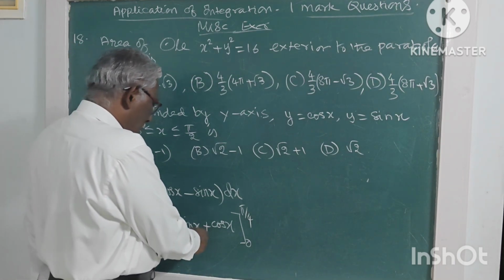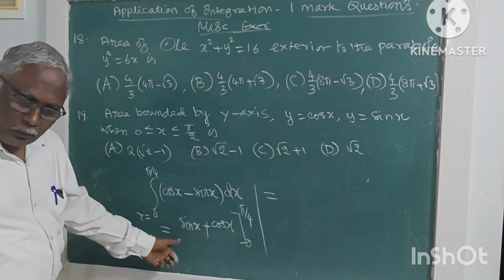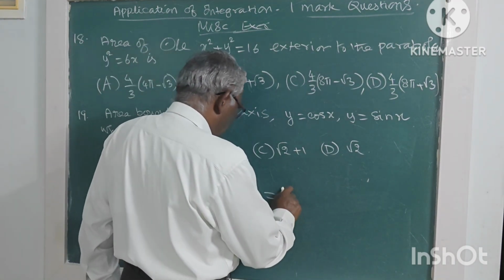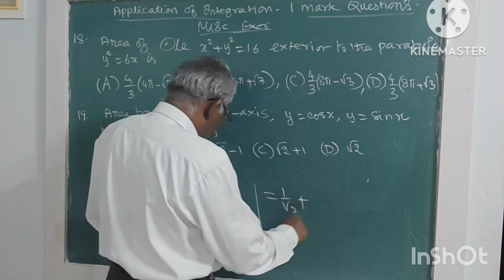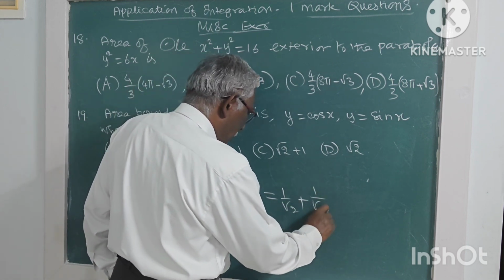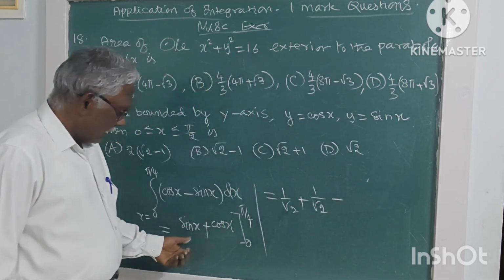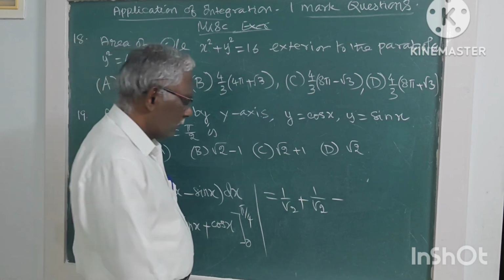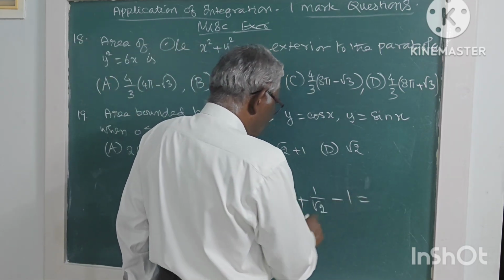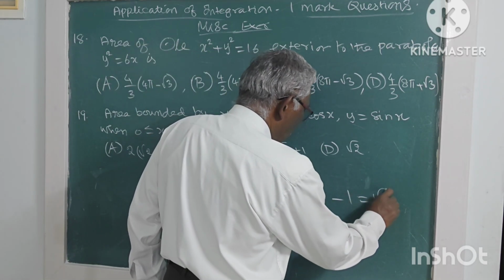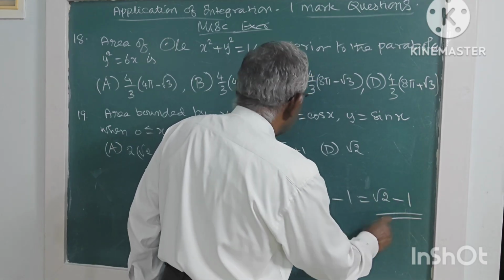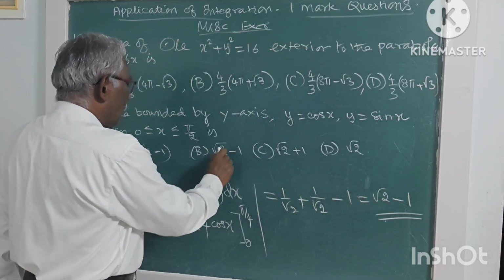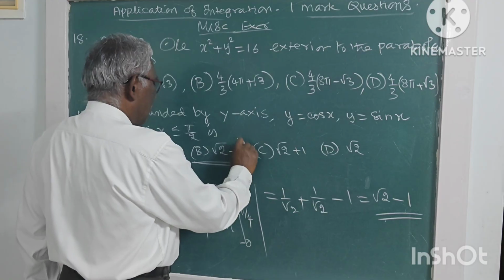Now we put x is pi by 4, sin 45 is 1 by root 2, cos 45 is again 1 by root 2, minus sin 0 is 0, cos 0 is 1. So this will be root 2 minus 1. So this is the answer.